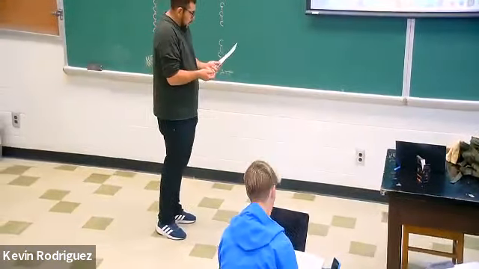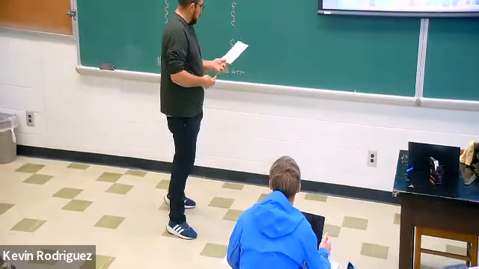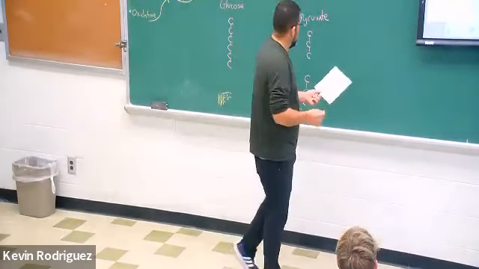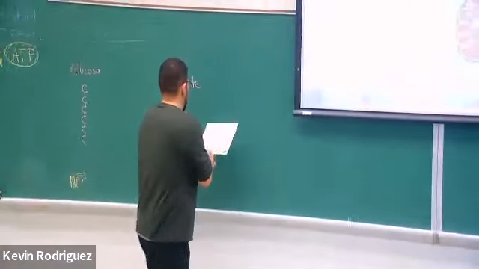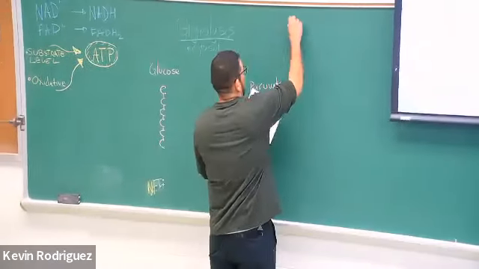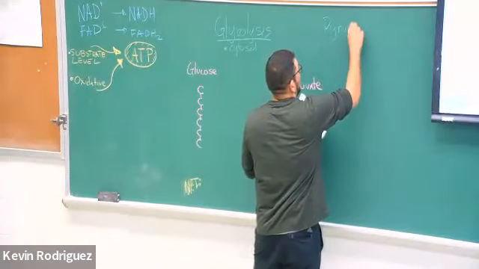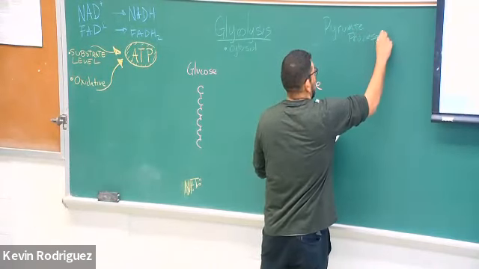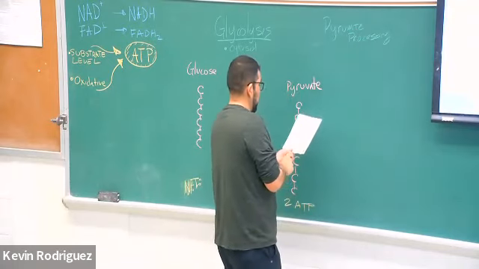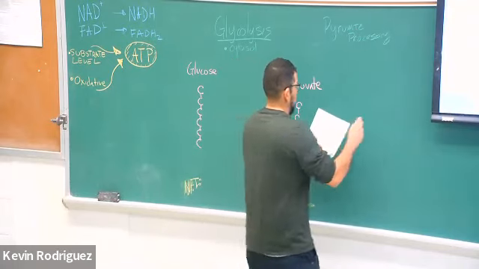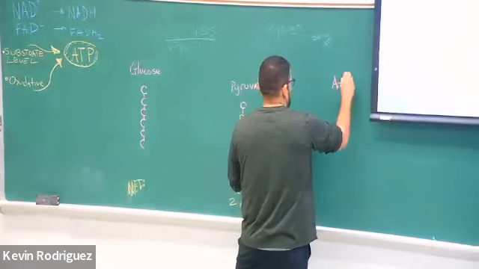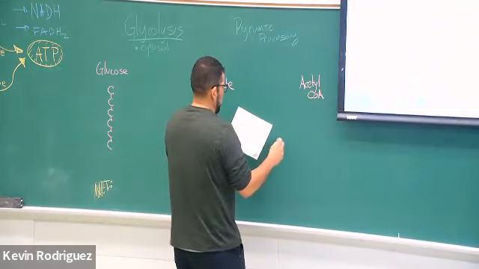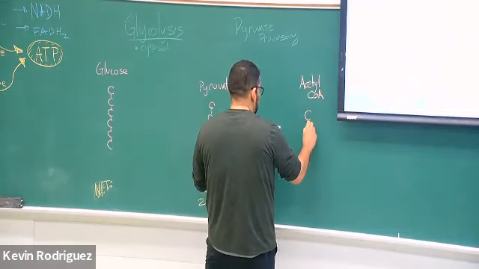So this guy, we're gonna go from this 3-carbon, and we're gonna end up producing, this is processing. Here we're gonna produce acetyl-CoA. And here it's gonna be basically, you're gonna produce a 2-carbon chain.